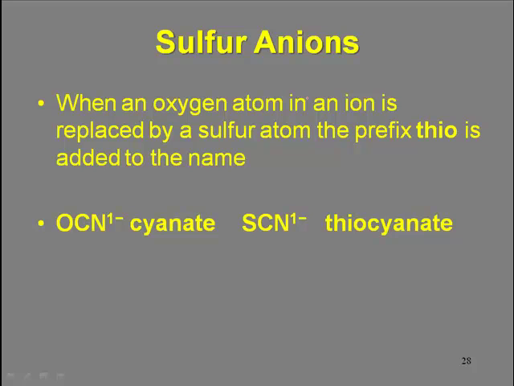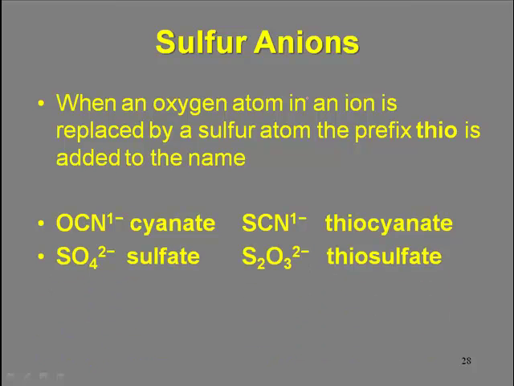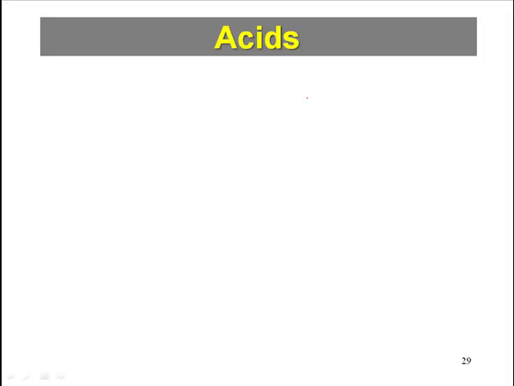If this is the cyanate ion, OCN 1 minus, the thiocyanate just has the O replaced by an S. So anytime an S gets in there, it just gives the thio prefix. Sulfate is SO4, 2 negative. If you replace one of the O's with an S, it now becomes S2O3, which is the thiosulfate.